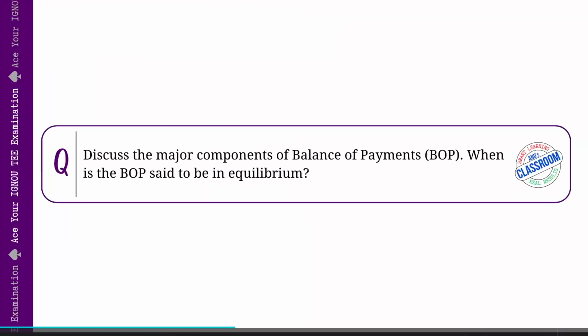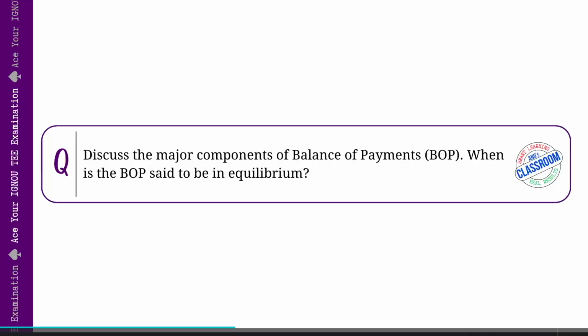Discuss the major components of balance of payments. When is the balance of payments said to be in equilibrium? All right. So the balance of payments, or BOP in short, is basically like a report card of our country. What is there in the report card? Instead of our report cards, which will have our grades or marks, the BOP will have the report of all the economic dealings of that country with the rest of the world over the past year.